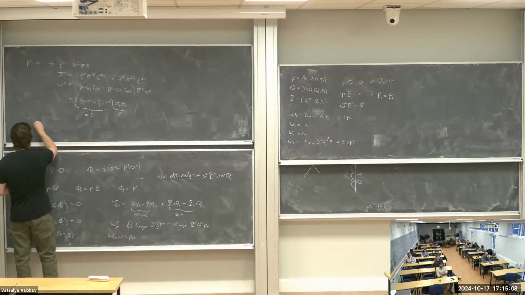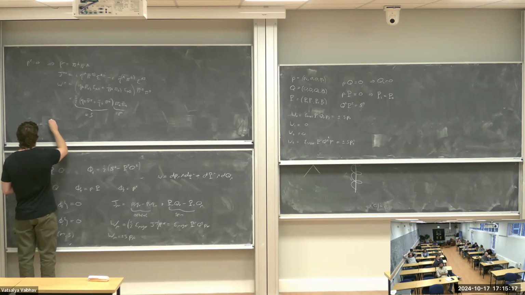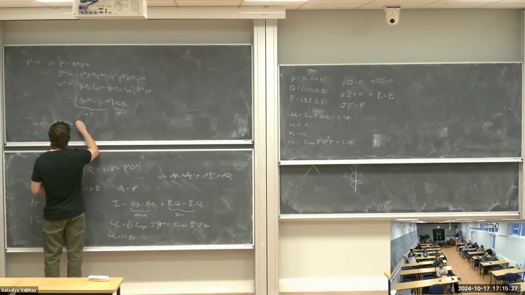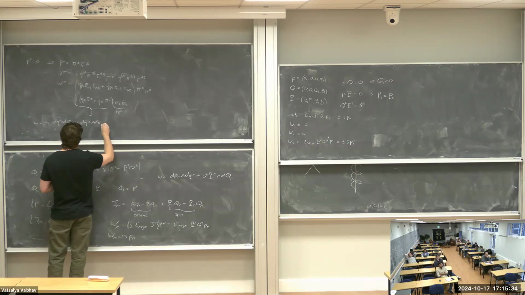To figure out what that is, my symplectic form when I translate everything to spinors becomes minus i d eta A d pi A plus i d eta bar A dot d pi bar A dot.